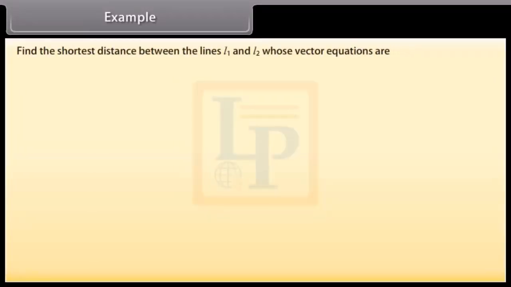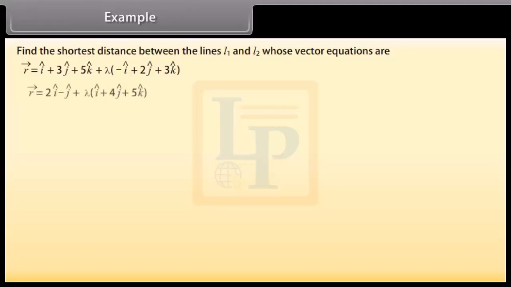Example. Find the shortest distance between the lines L1 and L2 whose vector equations are vector r equals i cap plus 3 j cap plus 5 k cap plus lambda times (minus i cap plus 2 j cap plus 3 k cap), and vector r equals 2 i cap minus j cap plus mu times (i cap plus 4 j cap plus 5 k cap).